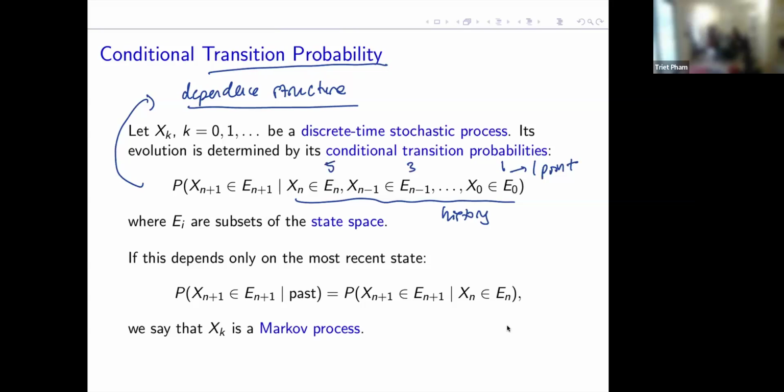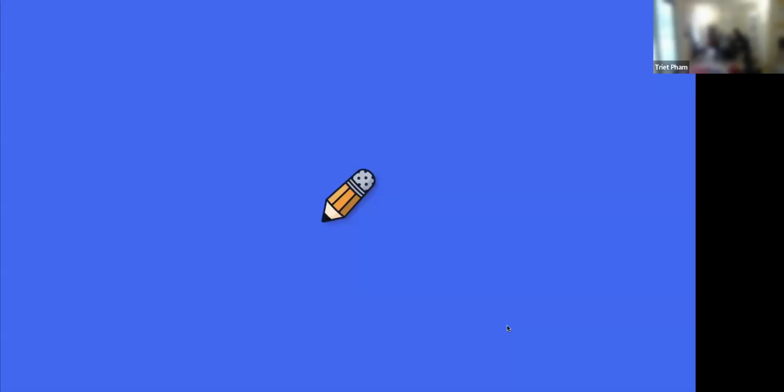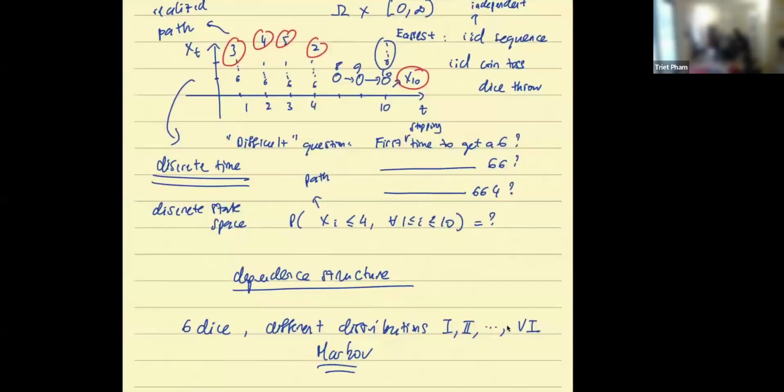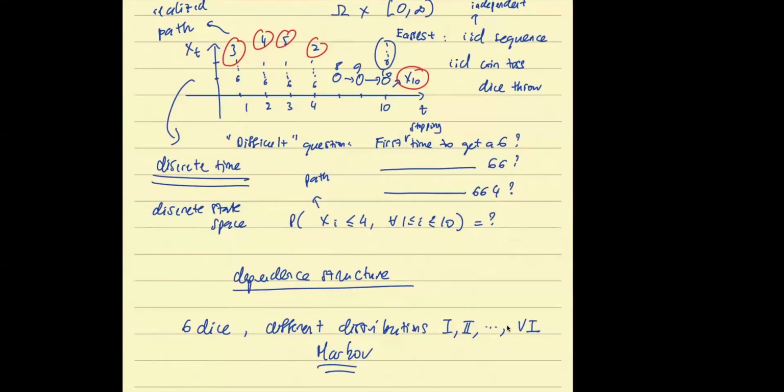Does that make sense? Again, we're being quite abstract here with the discussion. This is a history. But if you give E_i as a set, let's say, going back to this picture, where instead of telling you that it has value 3, I say it has an odd value, or an even value, that kind of thing. Then actually your history is quite loose.